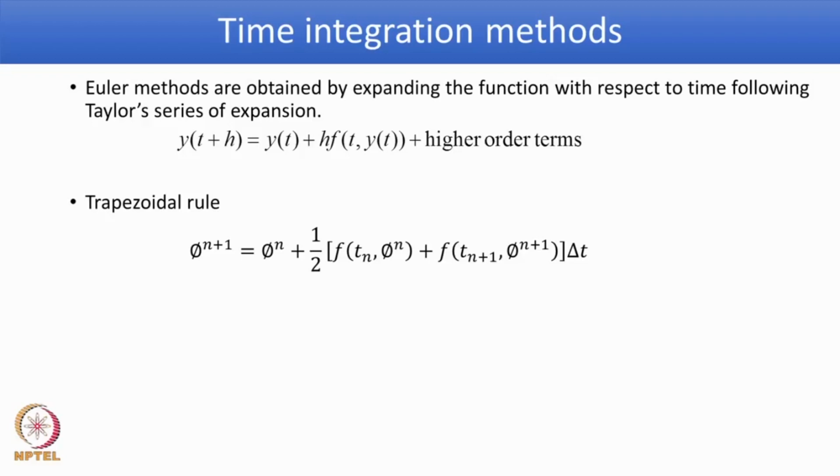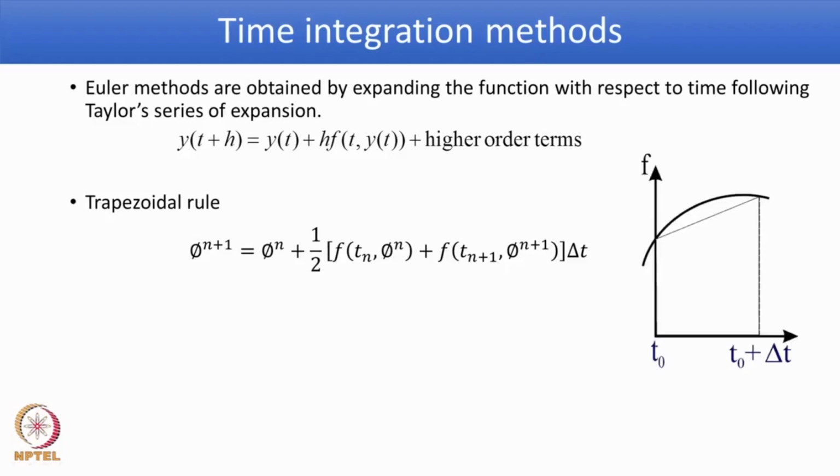Next is the trapezoidal rule, which is a combination of both implicit as well as explicit, with a weightage of half: 50% weightage for the explicit part and 50% weightage for the implicit part. This is also known as the semi implicit scheme or Crank-Nicolson scheme. Graphically it is shown here.